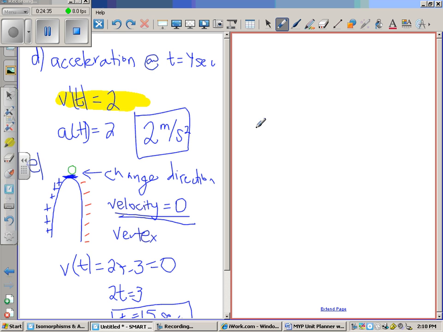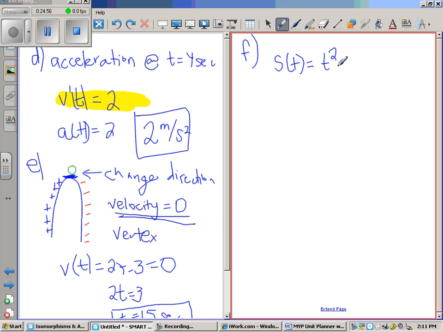Okay, part F says, where is the particle when S is at a minimum? So you want to find the minimum of S of t, and here's this function, t squared minus 3t plus 2. Is it a minimum? Where?